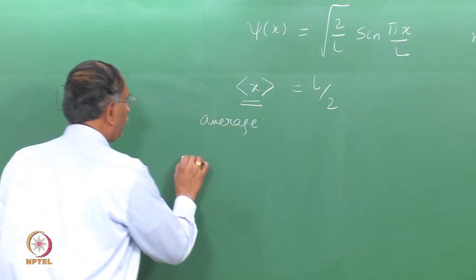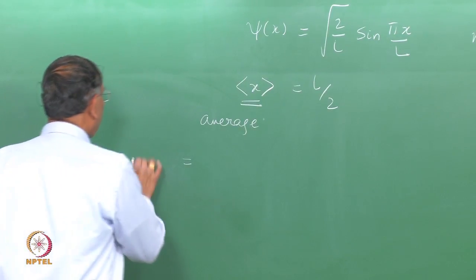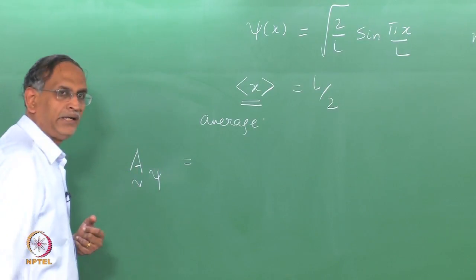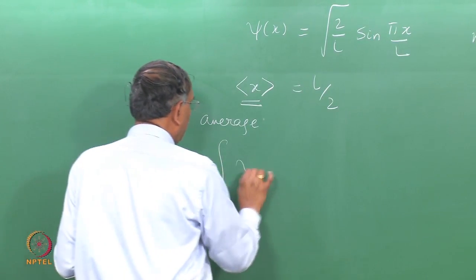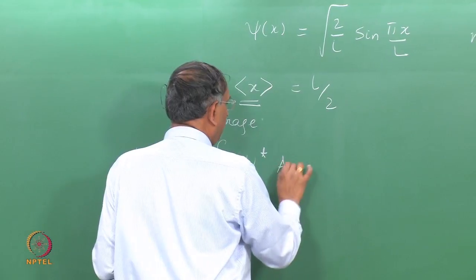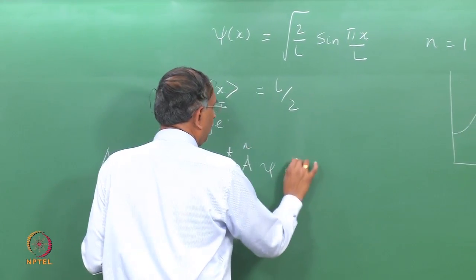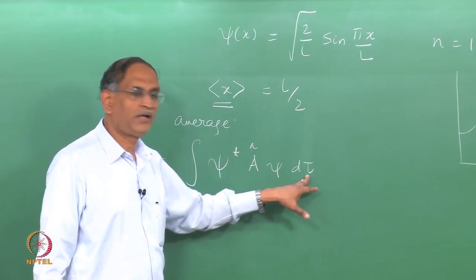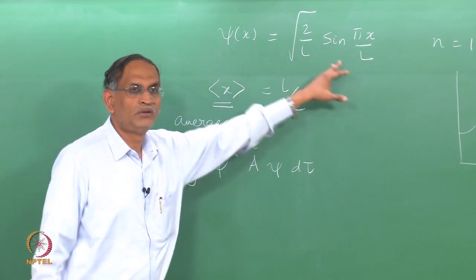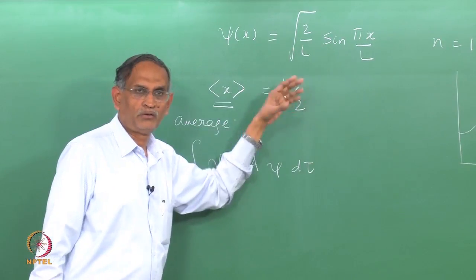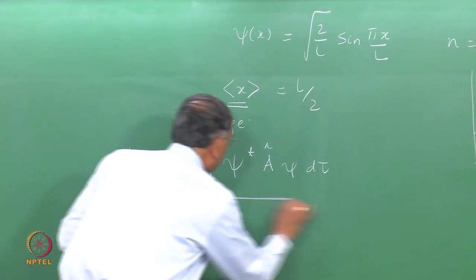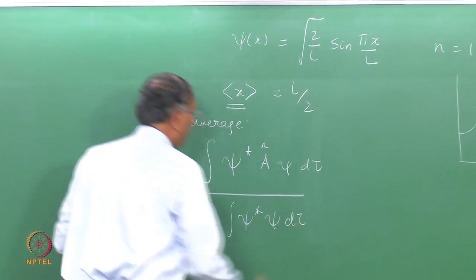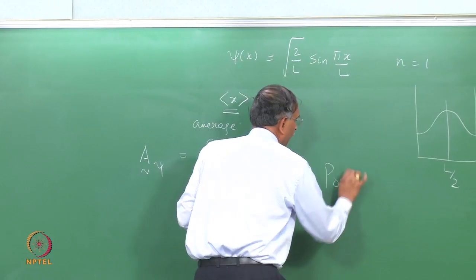The average value in quantum mechanics for any variable A in the state psi is given by the integral of psi star A psi d tau, which is the volume element or the area element or the length element, whether it is a one dimensional box or a 2 or 3 dimensional one, divided by the integral of psi star psi d tau. This is a postulate.